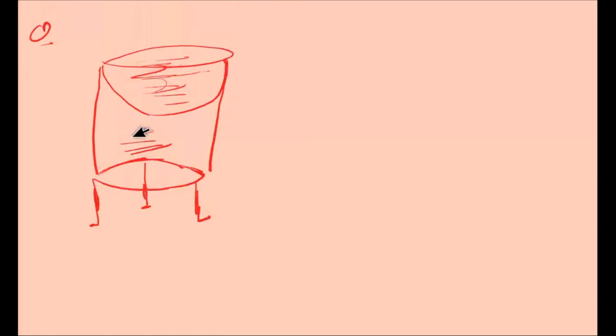Okay, this is the cylinder type. So now the question is, it is given that the radius of this hemisphere is 30 centimeter, and let the total height of this cylinder is 1.45.